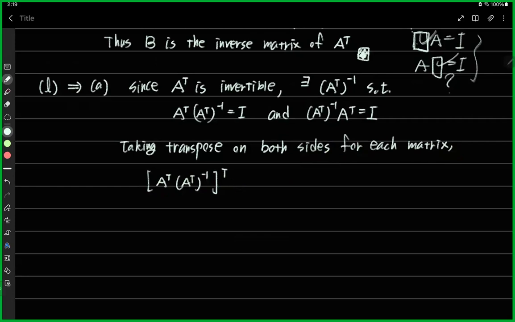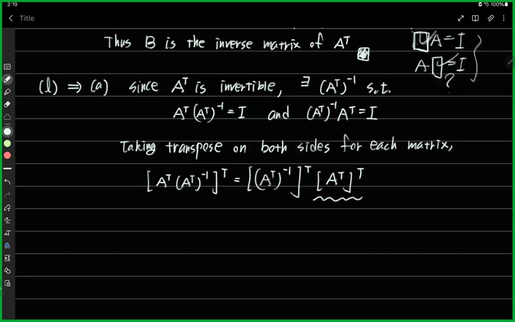Taking the transpose on both sides here and here. So we got this is equal to I. And how about this one? Taking the transpose, this is going to be A transpose and transpose. We can put the transpose on each matrix, right? But we have to reverse the order. So we got A transpose inverse transpose times A transpose transpose.